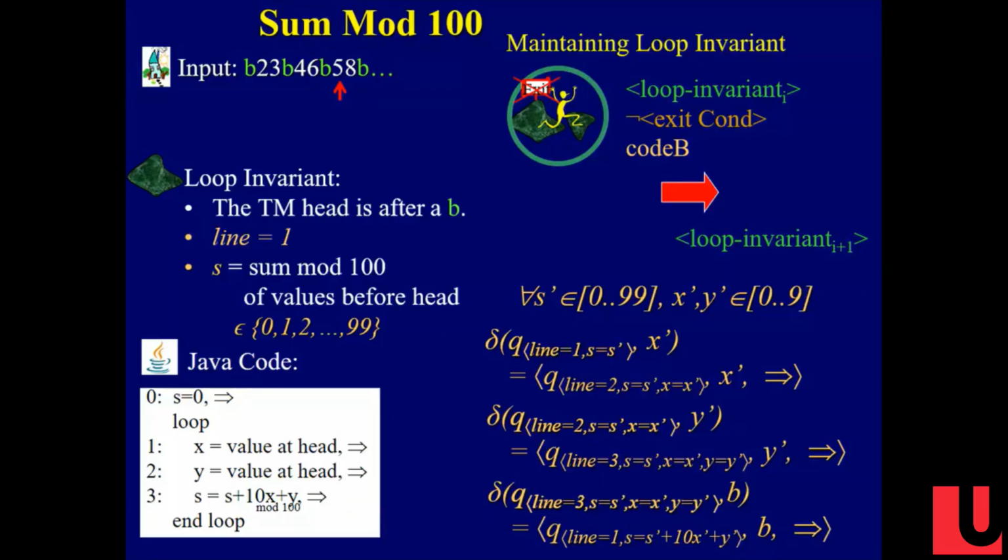Right here I move the head, so now I'm past the blank, so that's good. I'm in line 1 again. The sum is some number between 0 and 9. Oh, look at more than that. It's the sum of the values that I've seen so far. Hey, cool, I'm understanding this. And then you're done. You didn't have to write any of that down.